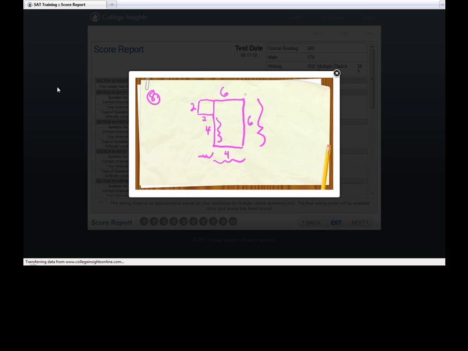And then if we wanted to get the area, we just take the area of this part, which is going to be 6 times 4, which is 24. Then we're going to add it to this part, which is 2 times 2, which is 4, and we add those together and we get 28, and that is answer choice B.